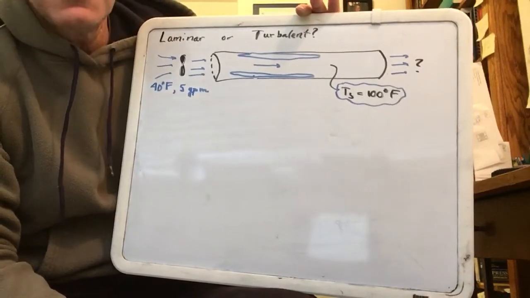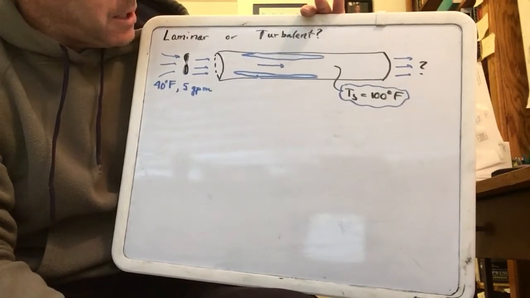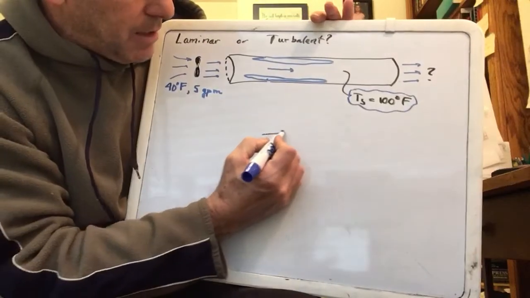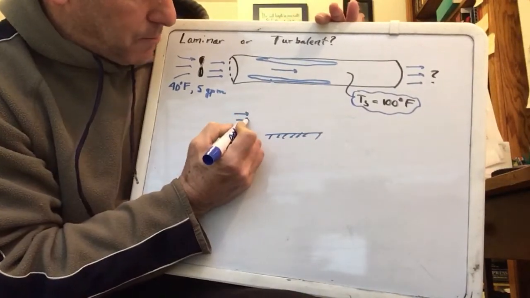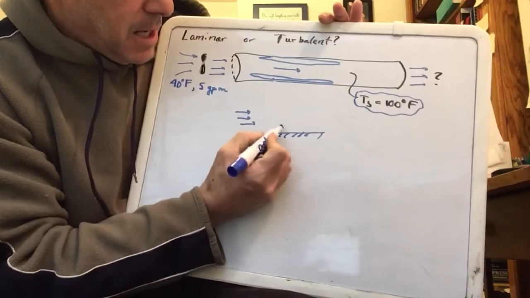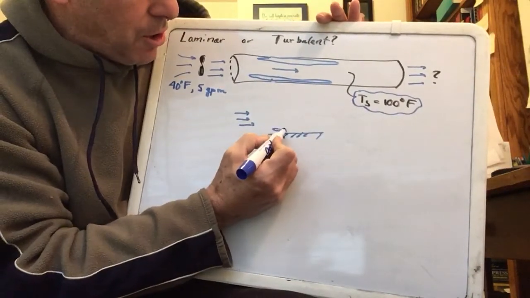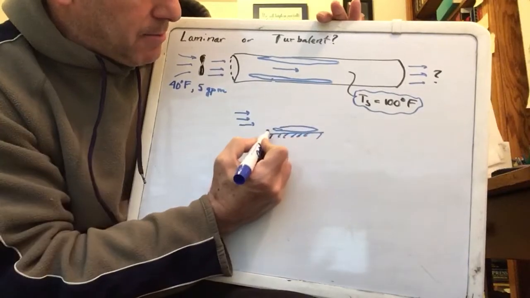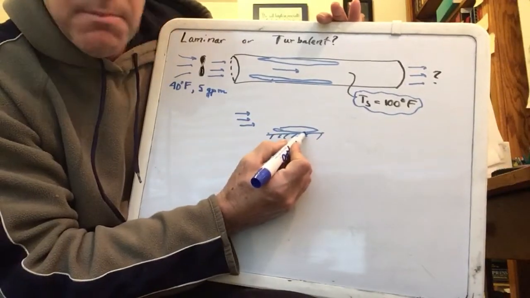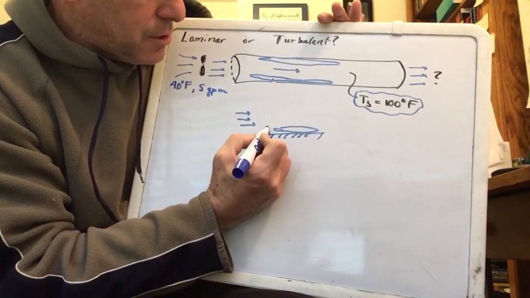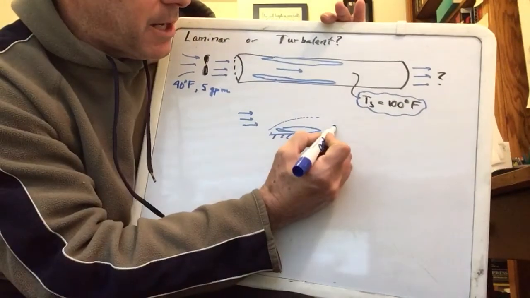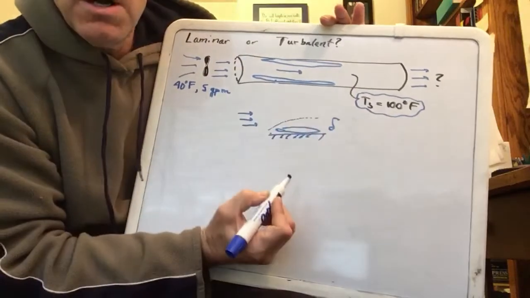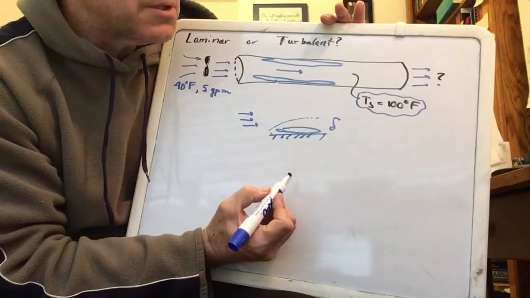The second idea is our boundary layer. So talking about that a little bit, when we did flow over a flat plate, and we had some fluid approaching, there was a no slip condition all the way along, but the amount of fluid that got affected by friction started increasing in height, and so we got a boundary layer, and our symbol for the boundary layer thickness was a Greek delta.